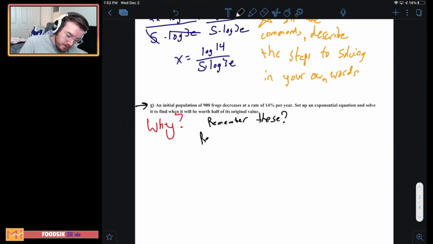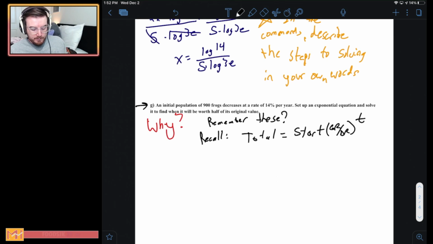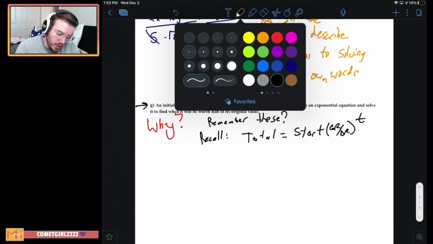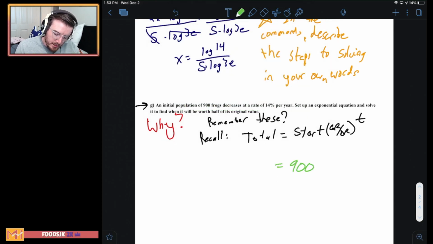So recall that every single one of these equations is written like this: total equals start times your growth rate or decay rate raised to the t. An initial population of 900 frogs decreases at a rate of 14% per year. Set up an exponential equation and solve it to find when it will be half its original value. So our starting number of frogs is 900.